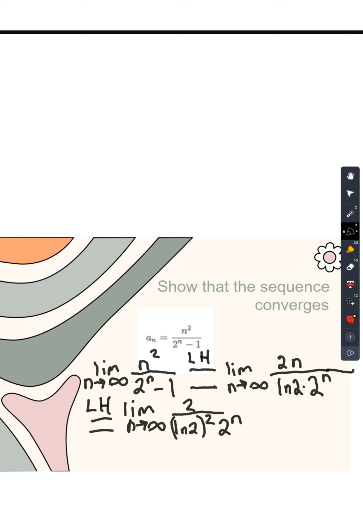So I'm still having a really large number on bottom, but I have a constant now on top. A constant divided by infinity, remember, is just going to approach 0. So I got an L. My L is my limit. I got an actual number, not infinity or negative infinity. So we can say, therefore, a sub n converges. Yay!